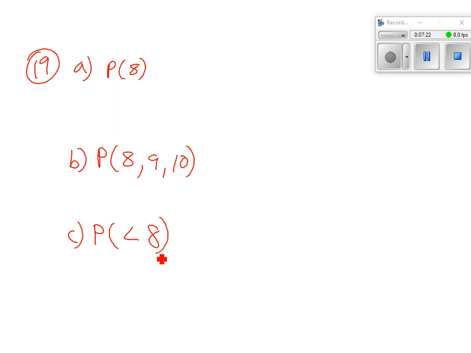So for the probability of 8, we can just punch that into our calculator using the PDF. So we're going to put in binomPDF, and we need our N, P, and Q, don't we? I didn't write them down. N is 10. So 59%, so 0.59, and Q is 0.41.